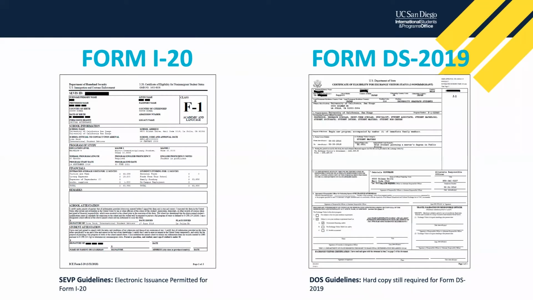If you will be applying for an F1 visa and will require a Form I-20, we will be able to issue these electronically. We will upload a copy of your I-20 directly to your iPortal application. This is under current guidelines that we have from the Student and Exchange Visitor Program. We have not received any other guidance yet from the Student Exchange Visitor Program about hard copy issuance.